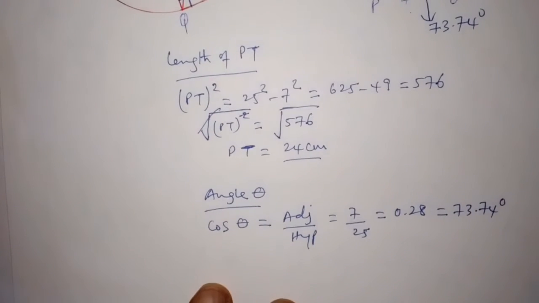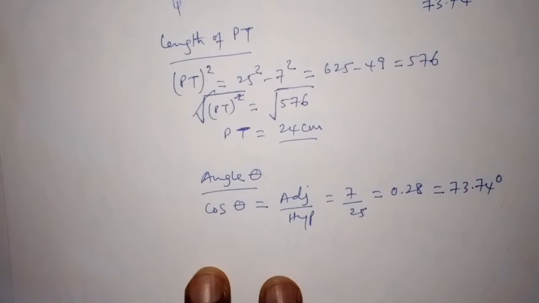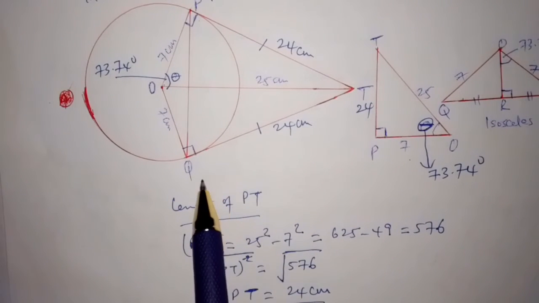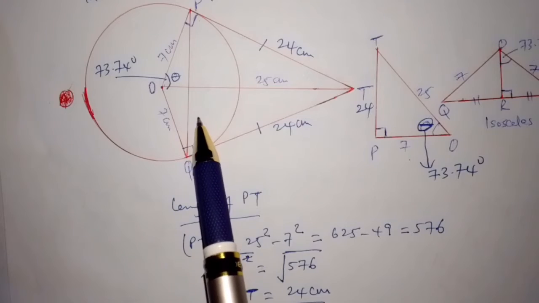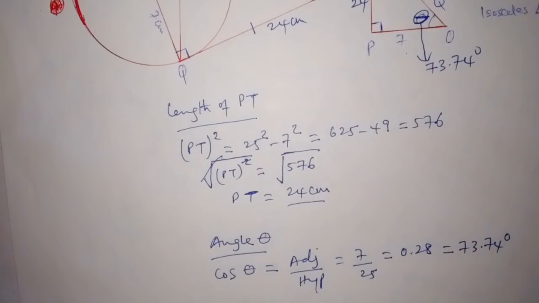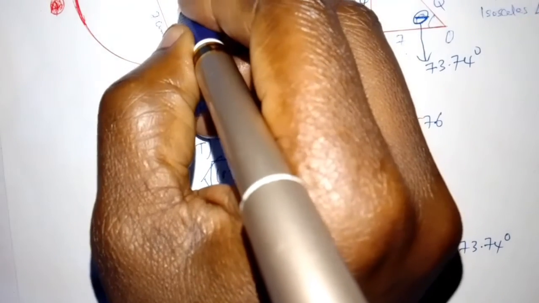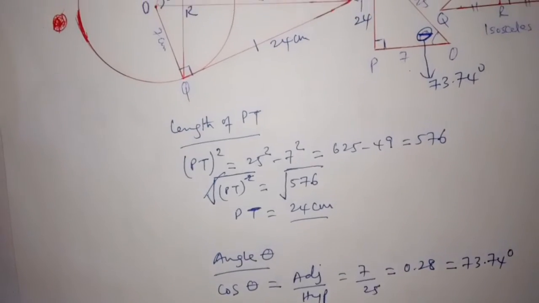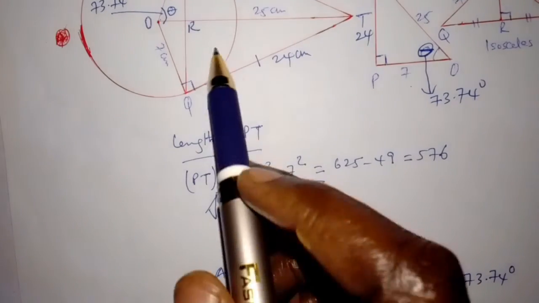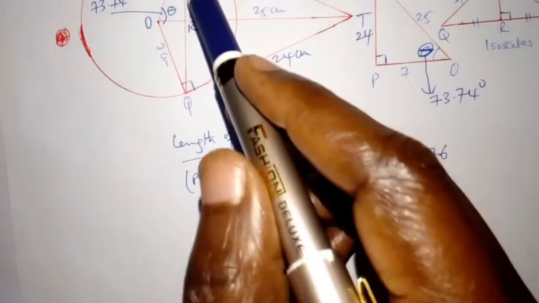Now how can we find the length of RP? We have named this point here to be R. So how can we find the length of RP?